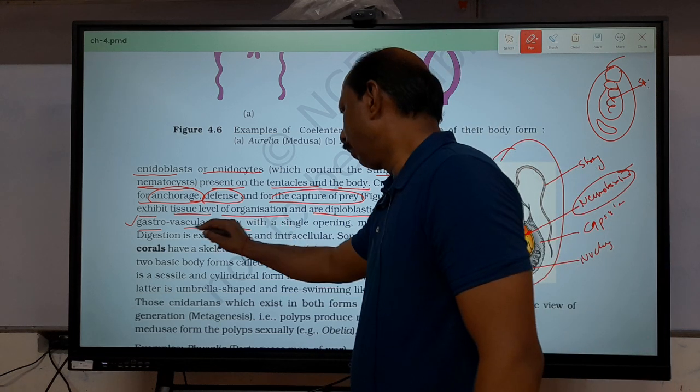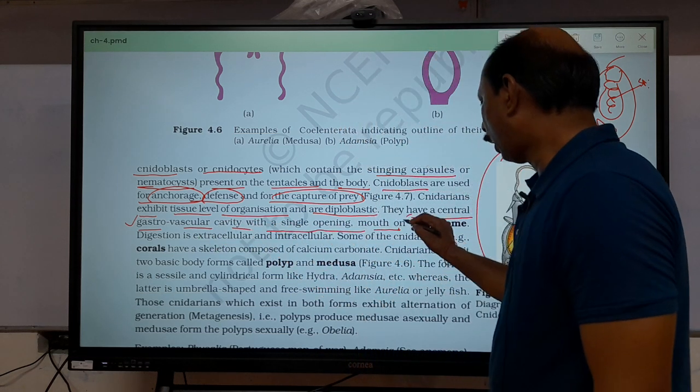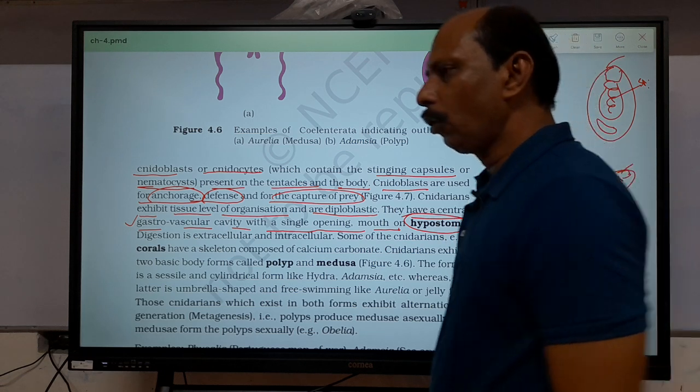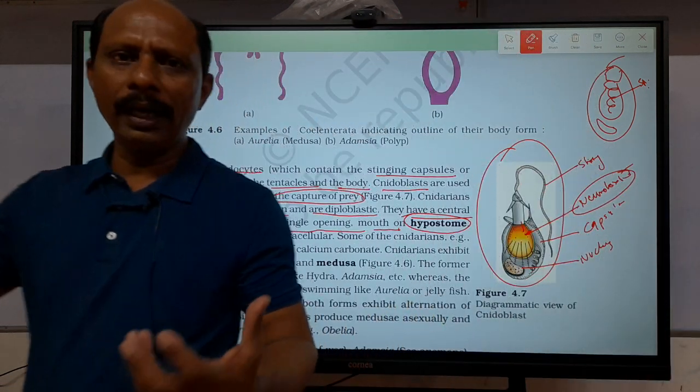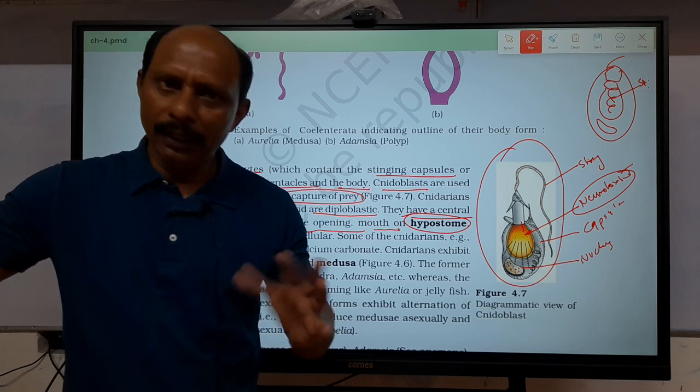The gastrovascular cavity has a single opening, the mouth, called the hypostome. Only a single opening serves as both mouth and anus, so this is an incomplete digestive tract.